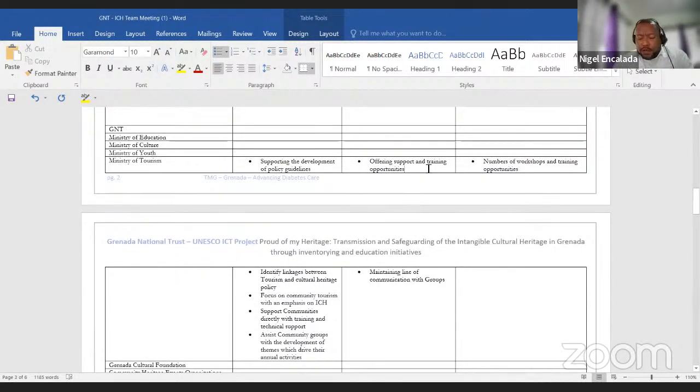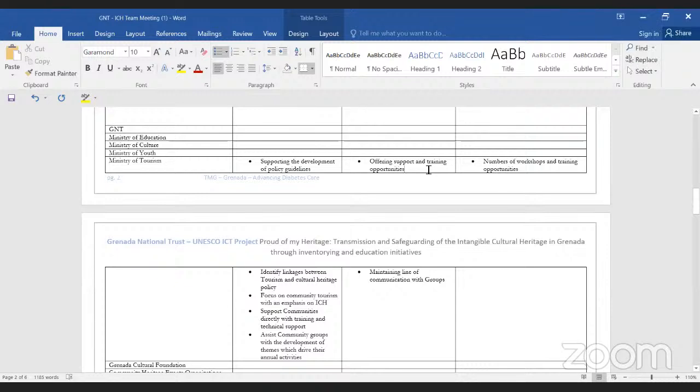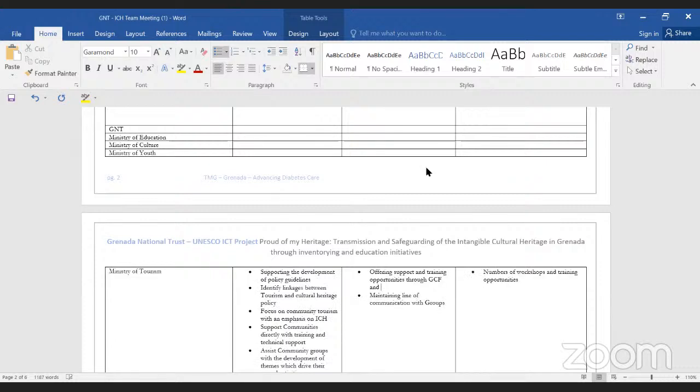So you would publish this? Would this be a published kind of thing, or how would you make it known that this is the process? Well, usually, as Ms. Wells would have indicated, we work along with the GTA, and we could also use the Grenada Cultural Foundation to get all the stakeholders' names and contacts, and so we can reach out to them directly.